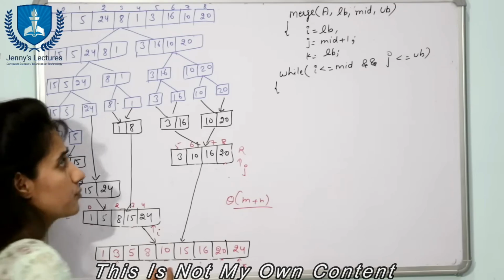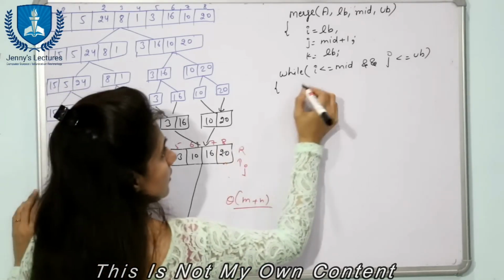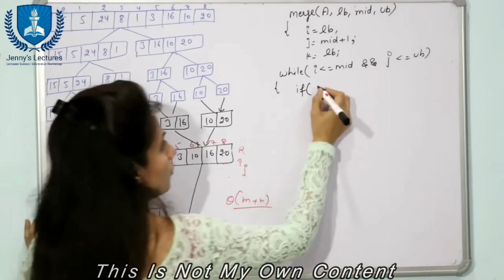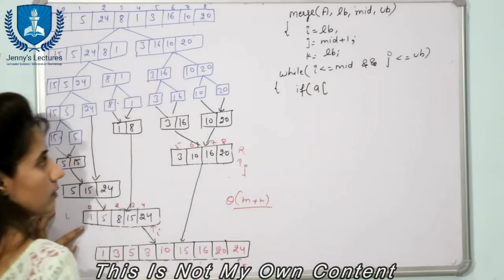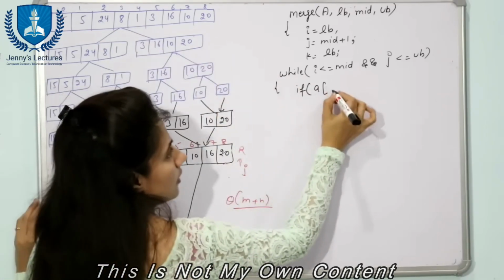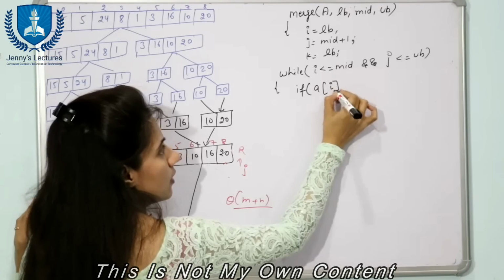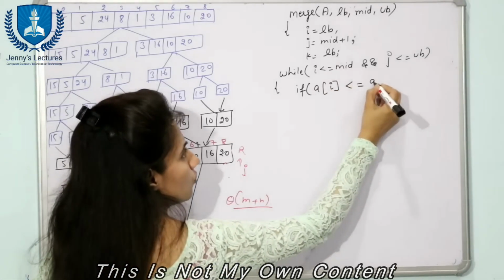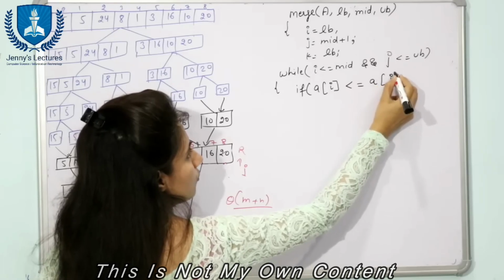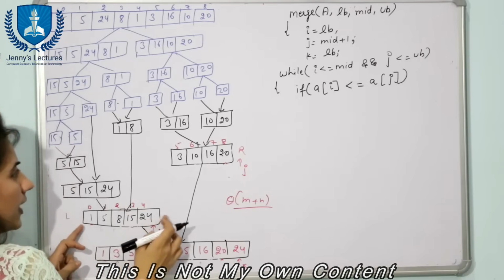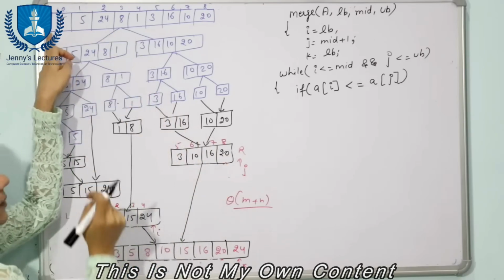Fine. So now you compare: if a of I, the name of this array is a, is less than or equal to a of j.